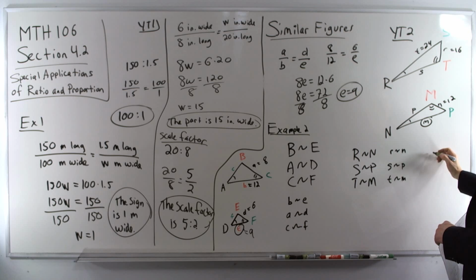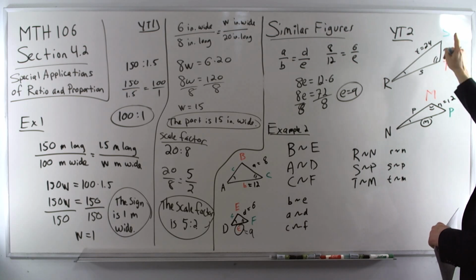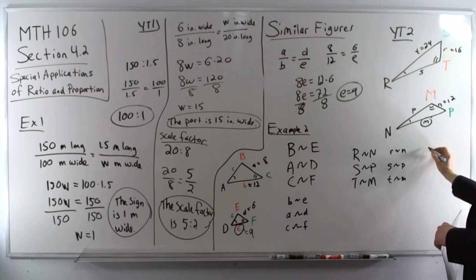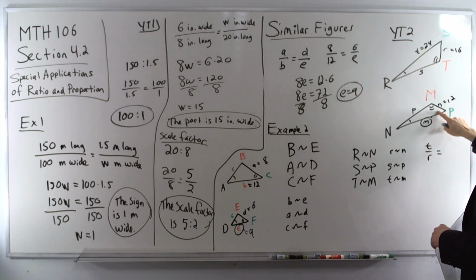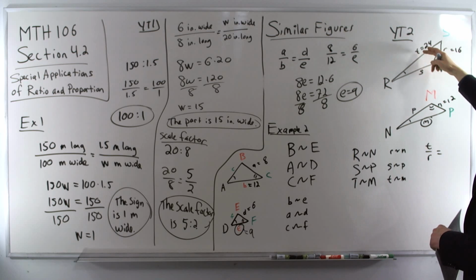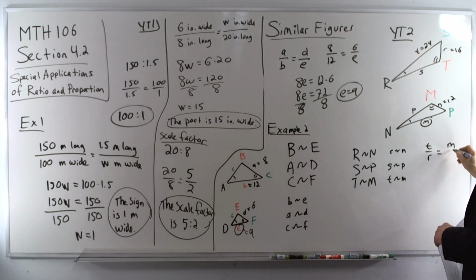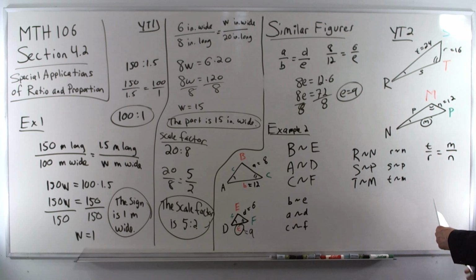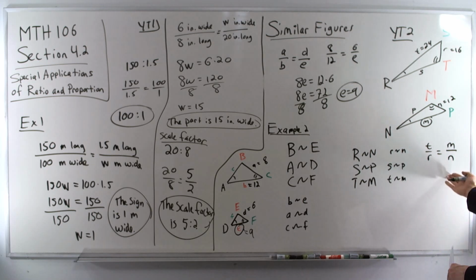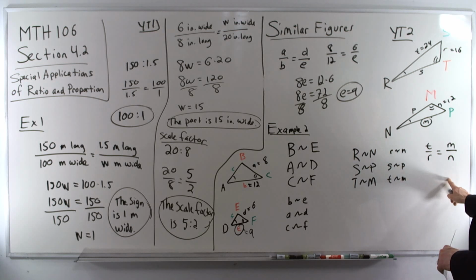All right, so I'm going to create a proportion here. Let's do T over R equals, so one triangle, we go over the other triangle, and what corresponds with T is M, so M goes on top, and N corresponds with R, so N goes on the bottom. That's one way to set it up. Bunch of different ways you can set these up as long as you're consistent.